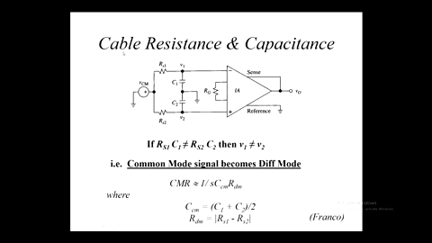If there's a problem with the internal resistance of the electrode connected to the skin, or there's a problem with the capacitance, or both, then we might get V1 and V2 no longer being equal from an equal proportion of common mode interfering signal.